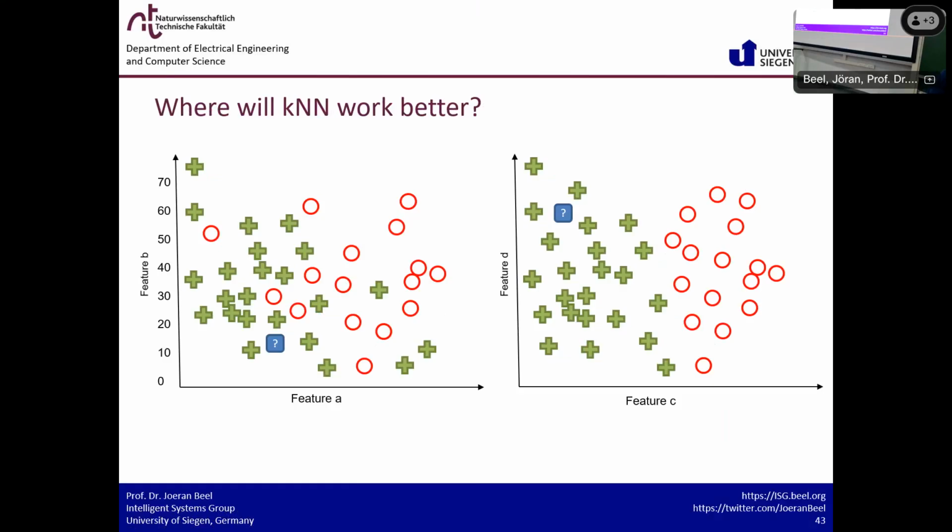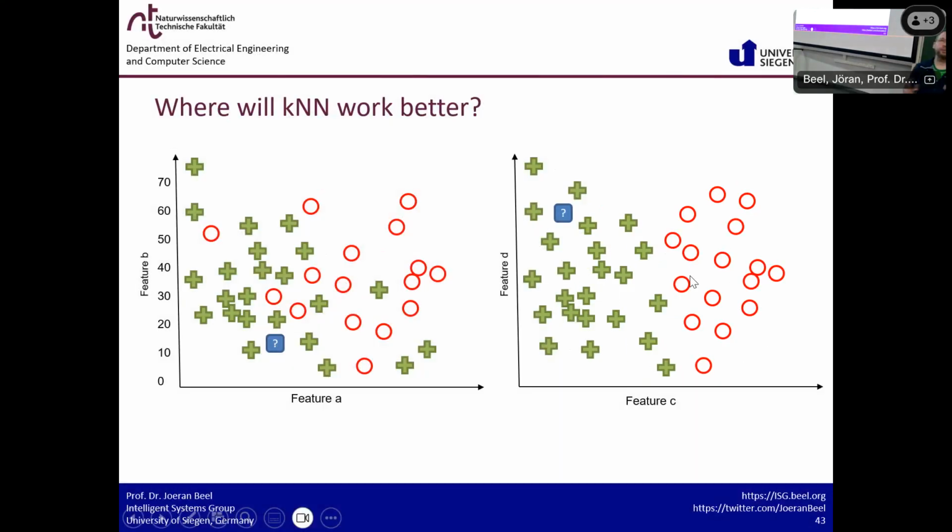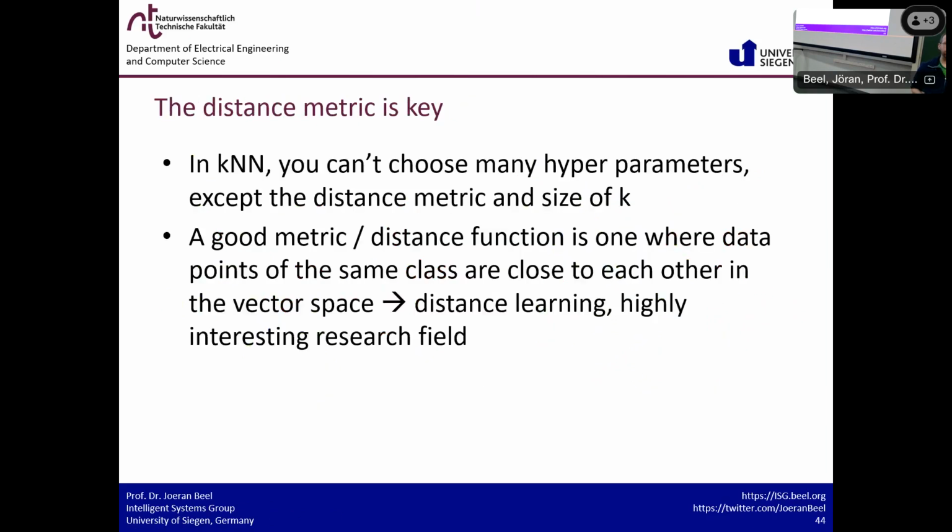If you look at this, where will kNN work better? The question is probably too easy, right? Here it will work much better. The more separated the labels are, the better kNN works. There are many more distance metrics that I will show you on the next slide very briefly.